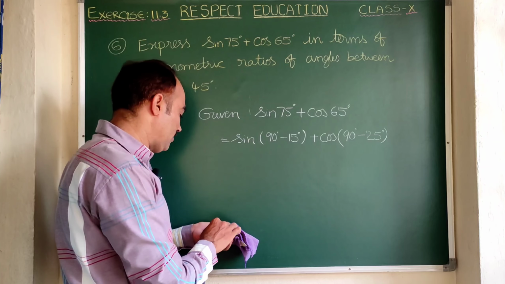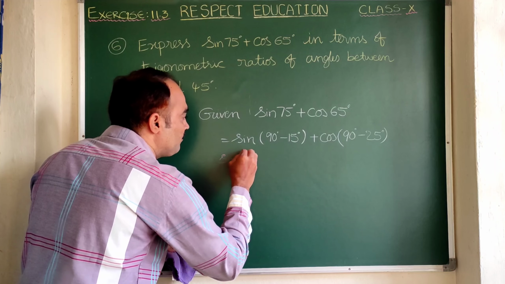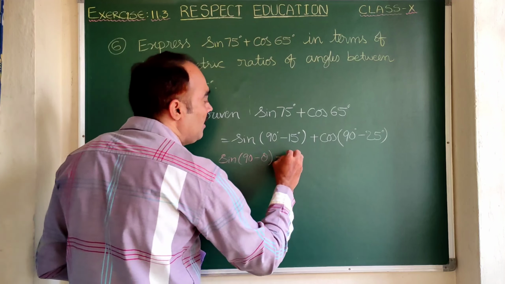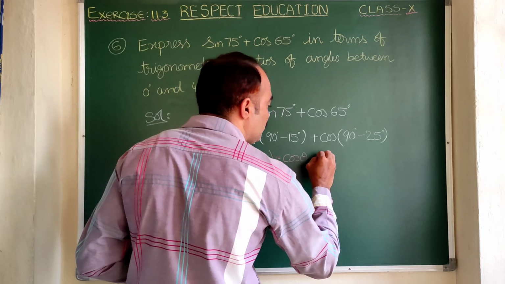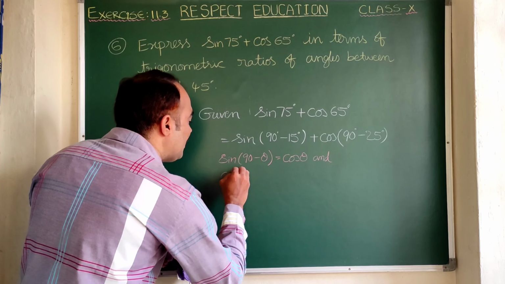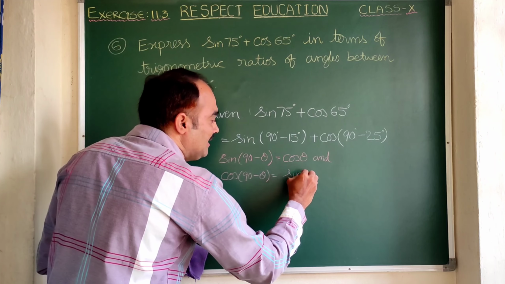No, sir. Now here we are going to apply the formula. That is sin of 90 degrees minus theta. Sin 90 minus theta formula is cos theta. And another formula is cos 90 minus theta can be written as sin theta.